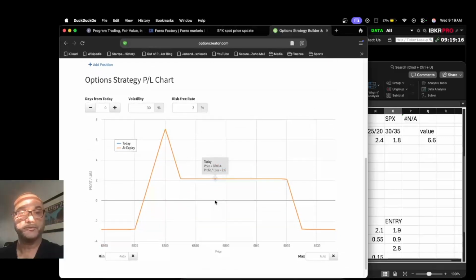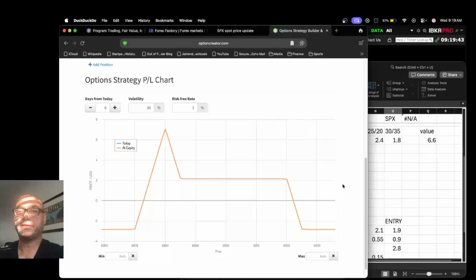On the lower bound, risk is going to be 500 minus the credits of 215, so I have 285 risk on the lower end, and that's also the same risk on the upper end. By the upper end, I mean any price above 69.25, because I currently have this call vertical short.